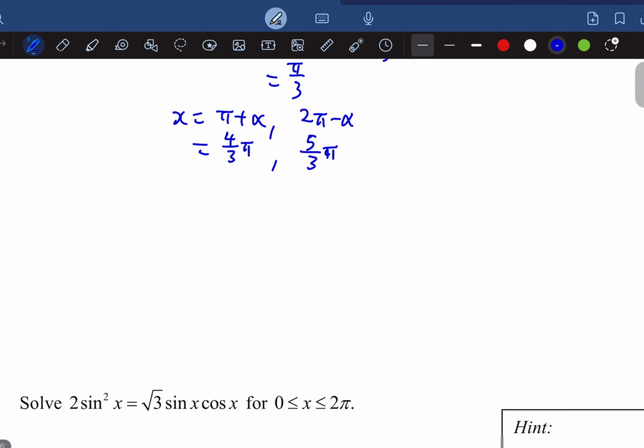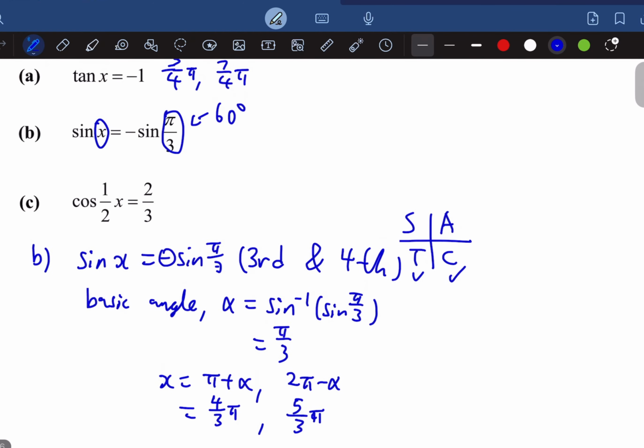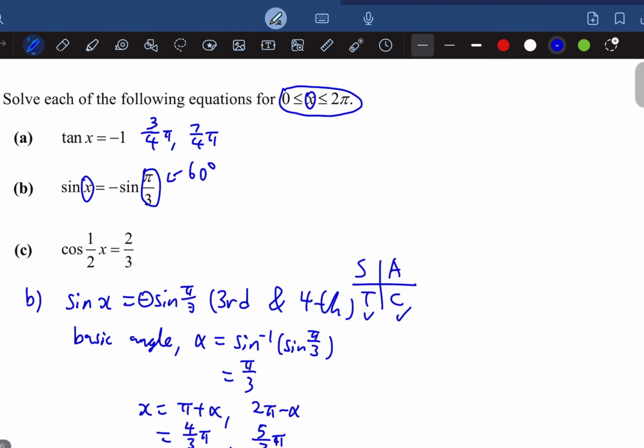Part C, we have to be very careful with part C. Because why? You can see, part C, the angle that the hypo is rotated is half x, but the range given to us is x. So this is a clear indication we need to create a new range. So be very mindful. Part C, copy the question: cosine half x equals 2/3.